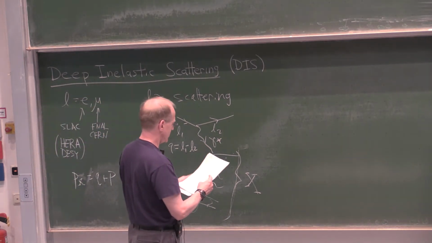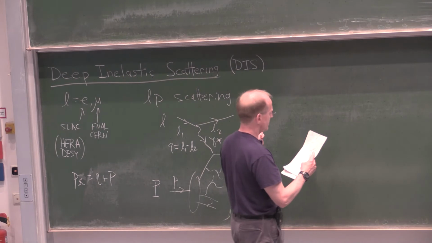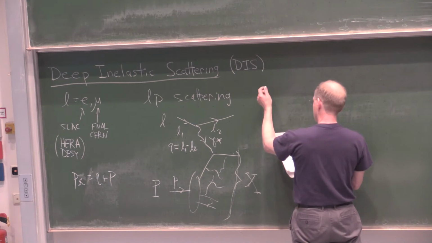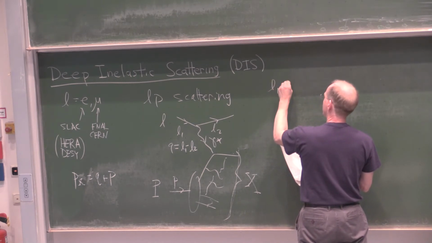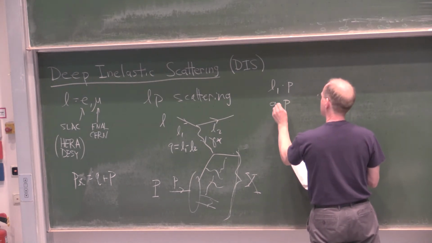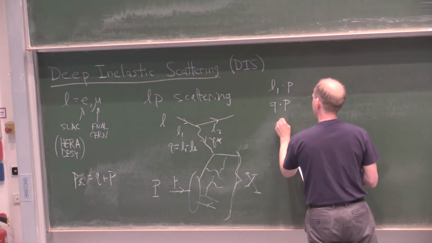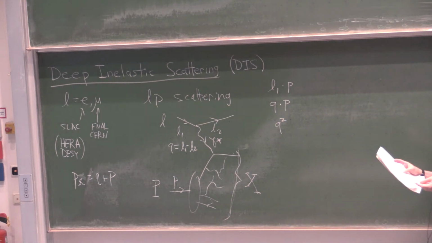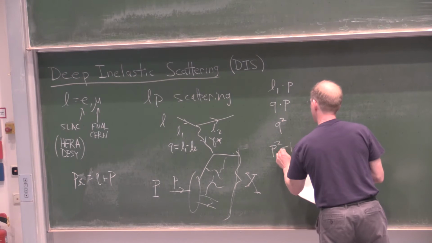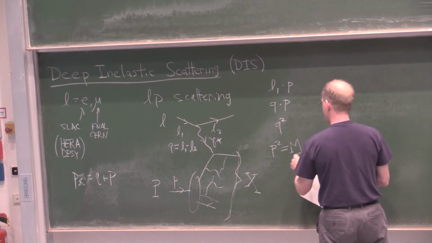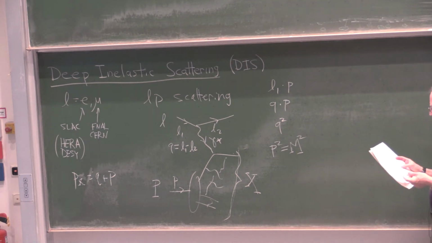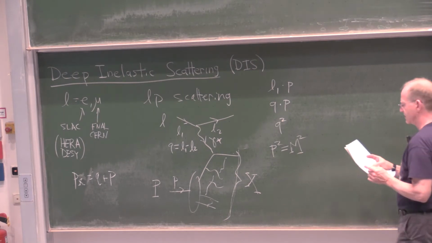So it's traditional to, now how many different kinematic variables does this depend on? There are some Lorentz invariant dot products like l1.P. There's also l2.P, but we could trade that for q.P. And there's also q squared. So there's basically 3 different variables. Also, P squared is the mass of the proton squared, and we're going to work in a limit where that's small, generally.